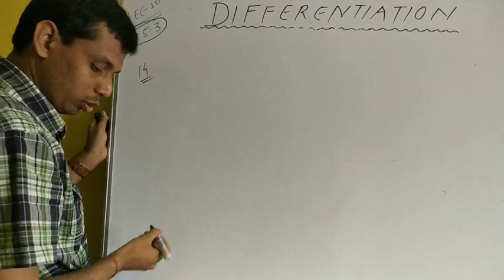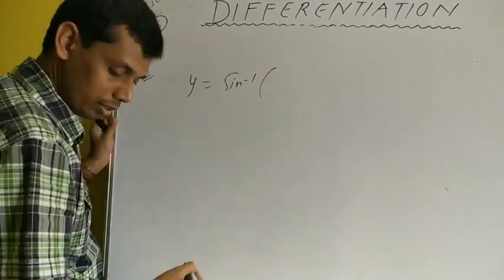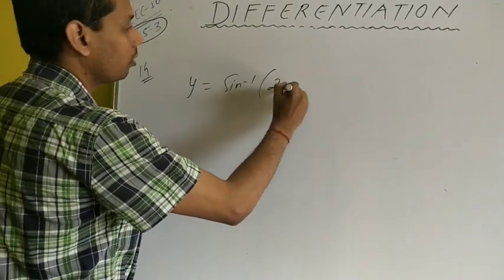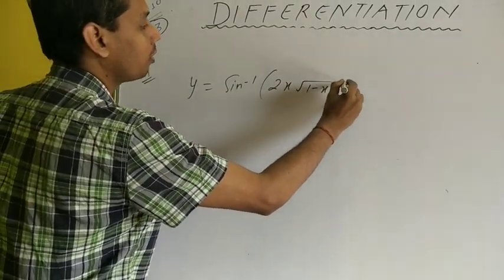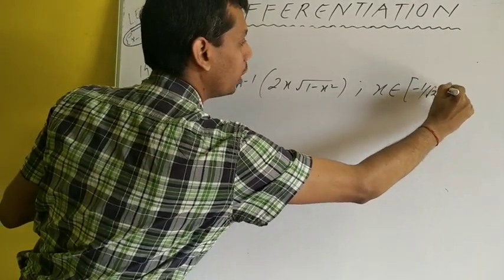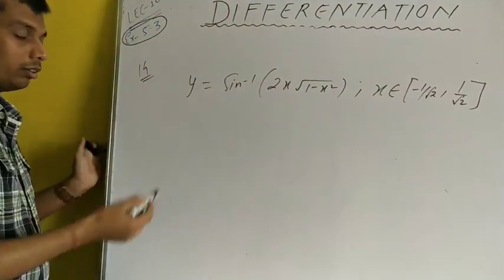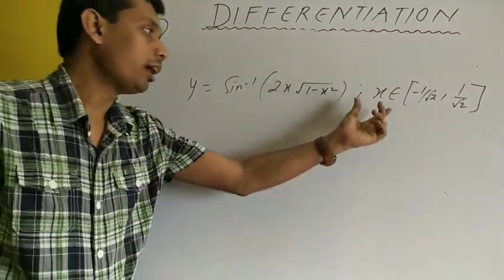In the 14th question, it is given that y is equal to sine inverse of 2x root over (1 minus x square), where x belongs to the closed interval minus 1 by root 2 to plus 1 by root 2. Now see, in this interval has significance.